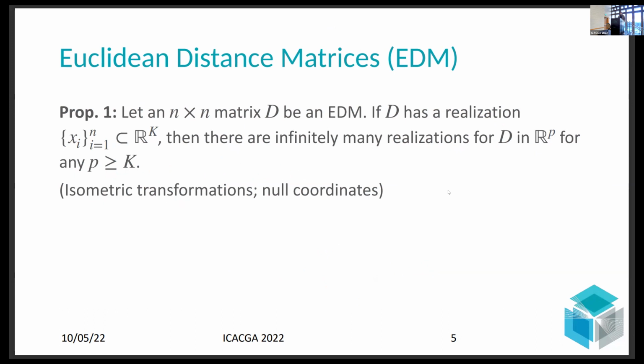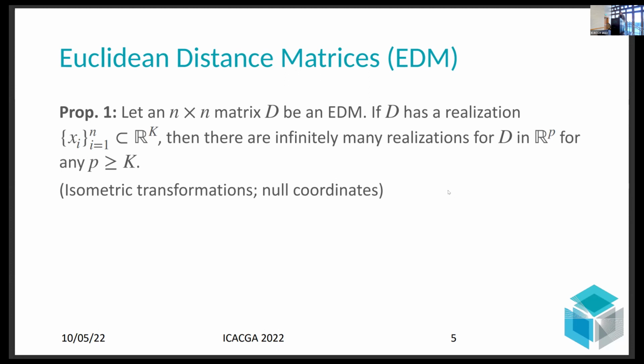So these transformations are isometric. And also we can add zero coordinates in each vector. In this case, we are only increasing the dimension of the space where the solution lies. And this is important for the method we are going to describe.